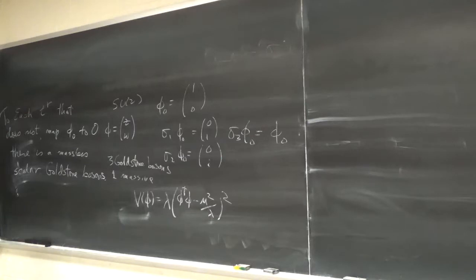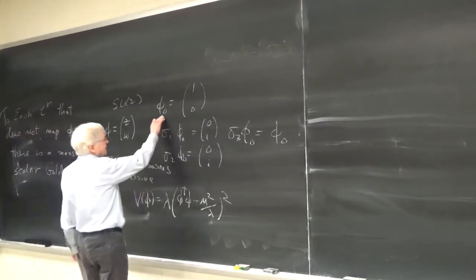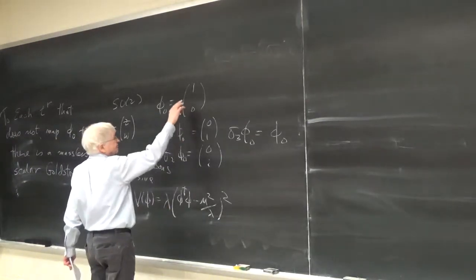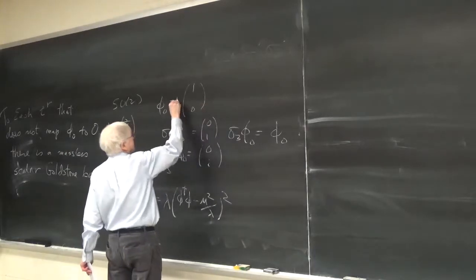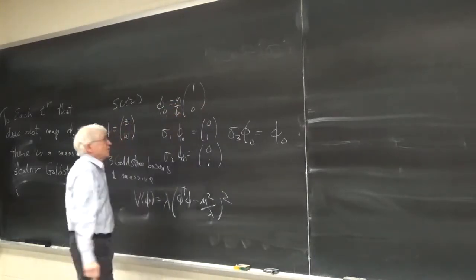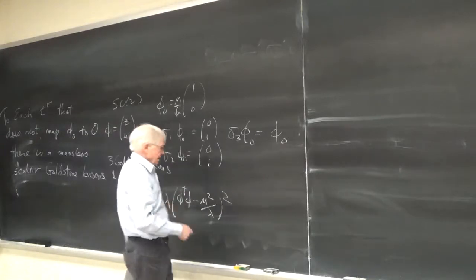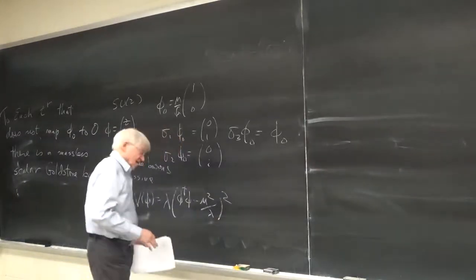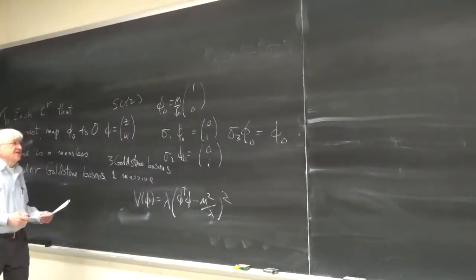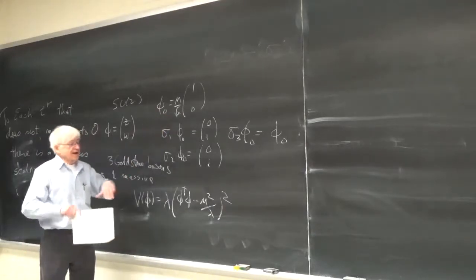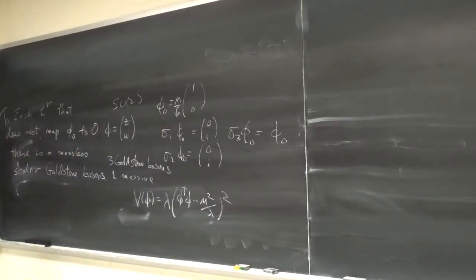The minimum would be mu over root lambda, but you could pick any minimum on a sphere of radius mu over root lambda in four-dimensional space.